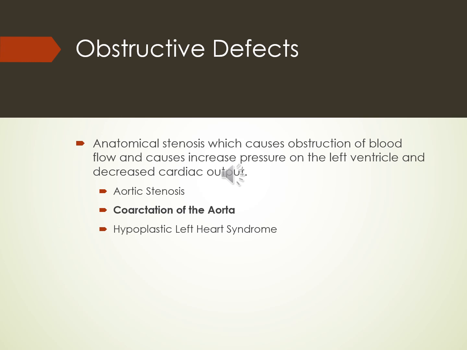We have coarctation of the aorta, that is a narrowing near the ductus arteriosus. And then we have hypoplastic left heart syndrome. That is where the left side of the heart is underdeveloped. And an ASD or patent foramen ovale allow oxygen into the blood.